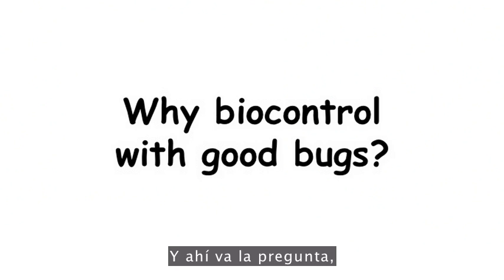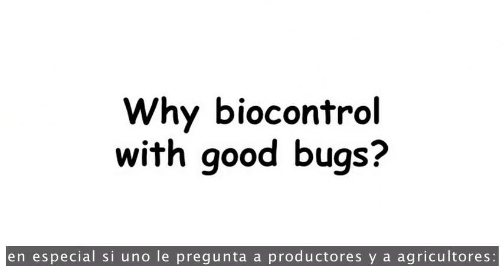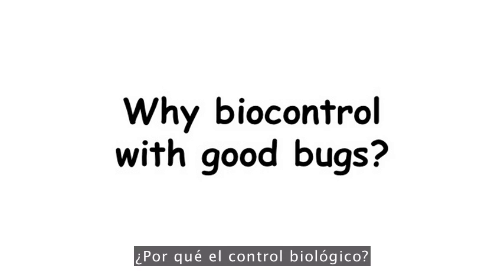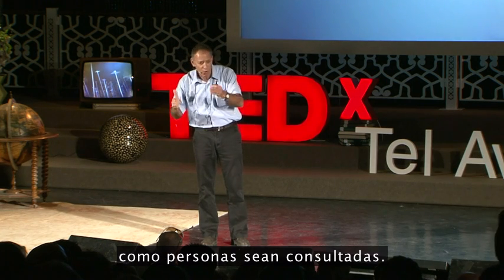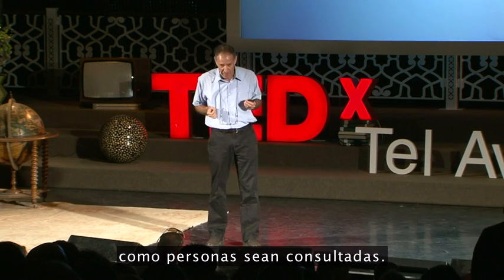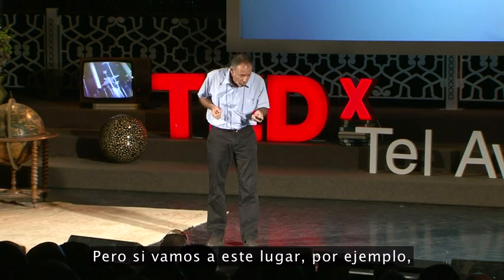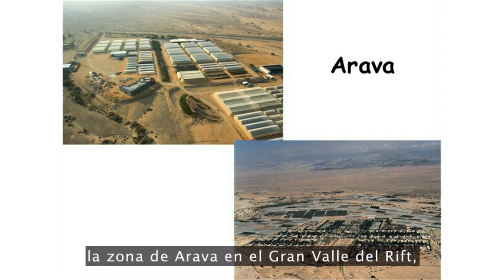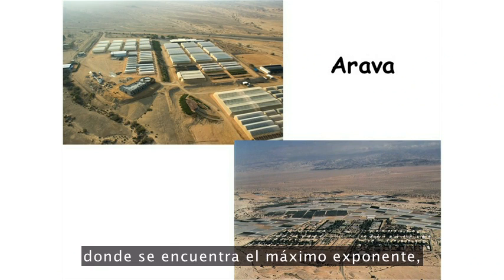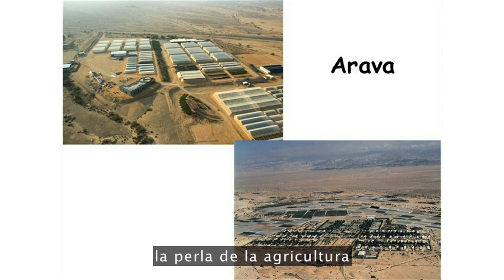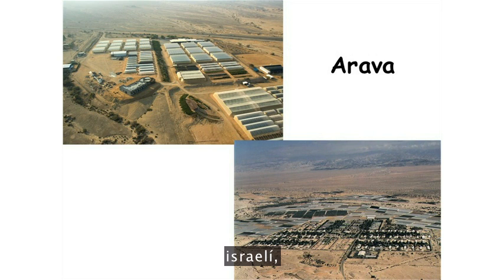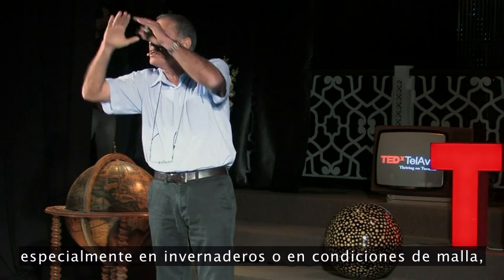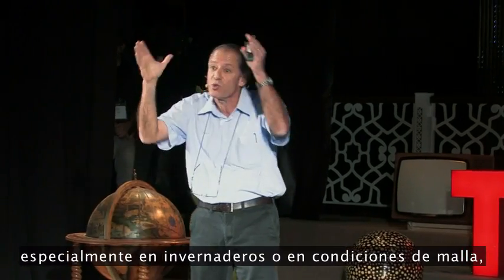And there goes the question, especially if you ask growers, agriculturists: why biological control? Why good bugs? By the way, the number of answers you get equals the number of people you ask. But if we go, for example, to southeast Israel, the Arava Valley, along the Great Rift Valley, where the pearl of Israeli agriculture is located, especially under greenhouse or screenhouse conditions.